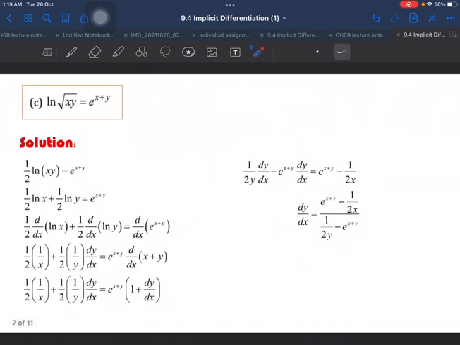Okay, next, let's say we have the equation ln of the square root of xy equal exponent to the power of x plus y. For the equation ln, kita boleh guna properties untuk memudahkan kita membuat pembezaan.